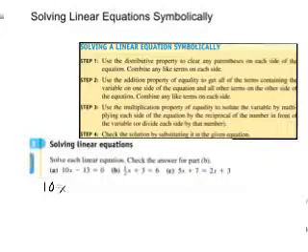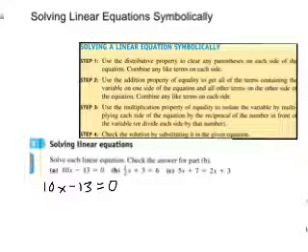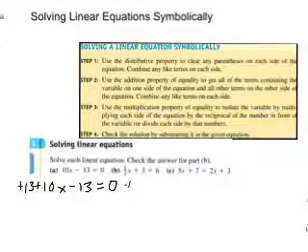So 10x minus 13 equals 0. Step 1, distributive property, or combine like terms. There's no distributive property going on here, and there's no terms to combine. So we'll use the additive property. We'll add 13. That's step 2. And that'll cancel out this 13 on the left side.